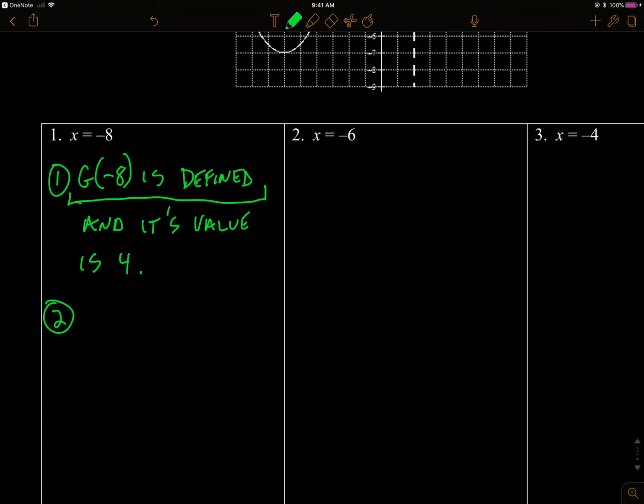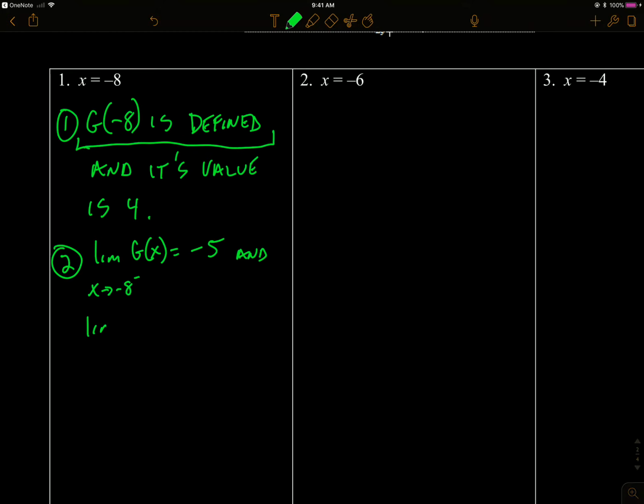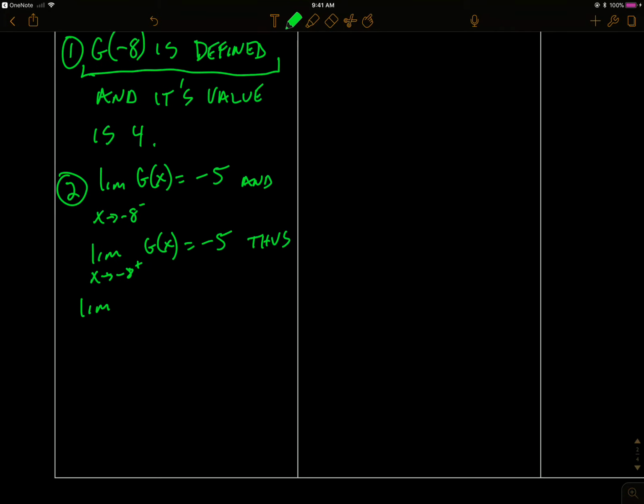Part 2, you have to show the limit exists. So I can say the limit as x approaches -8 from the left of g of x equals -5, and the limit as x approaches -8 from the right of g of x equals -5. Therefore, or I'll use thus so it fits, the limit as x approaches -8... I'm not going over how I get these -5s.